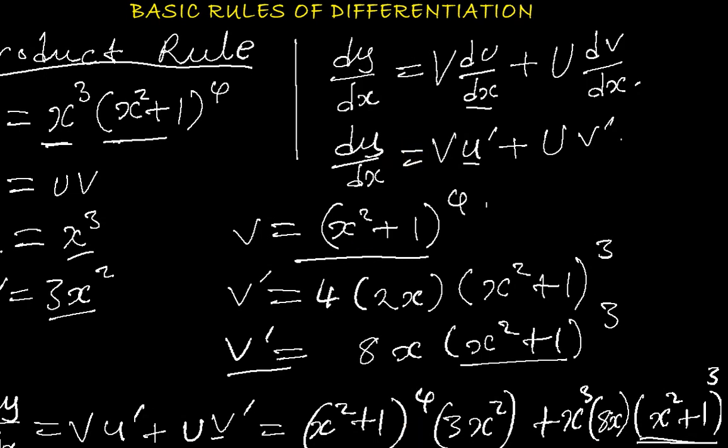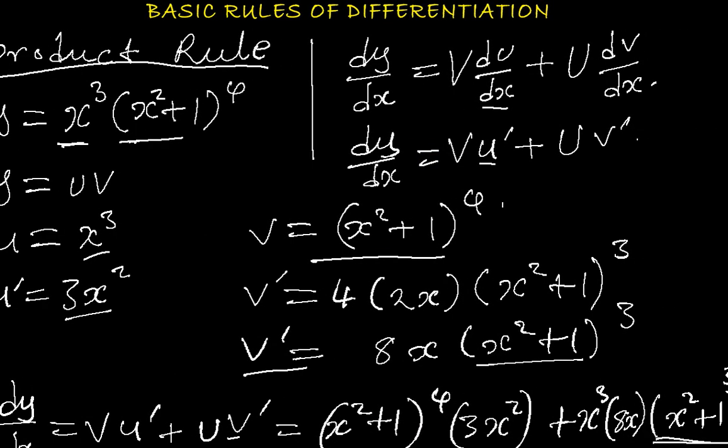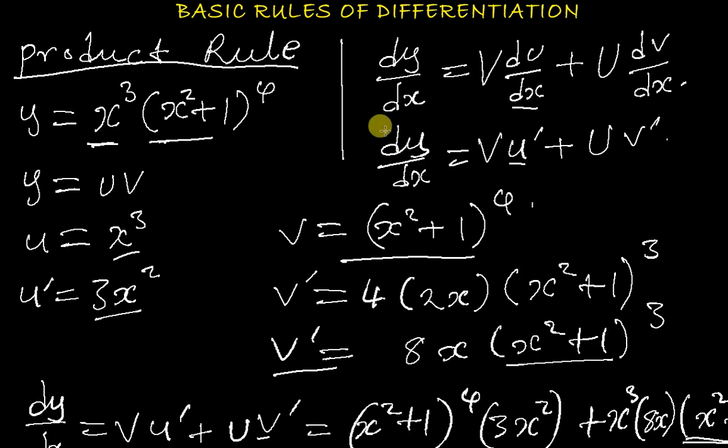Just knowing the formula of the product rule can make you get all the questions involving the product rule. So this part is very important. The product rule also sometimes requires you to use the chain rule and the power rule. So you just have to get used to all the rules of differentiation.